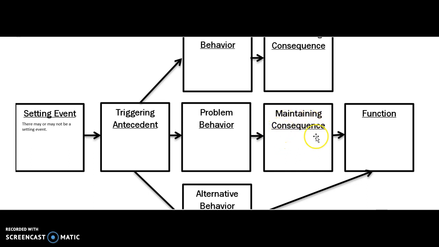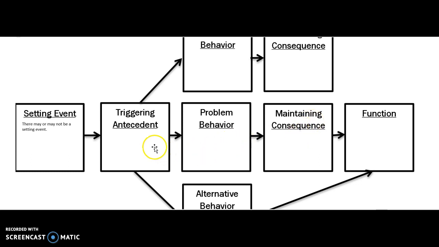The maintaining consequence. The consequence is whatever happened immediately after the behavior. So if the triggering antecedent was, I requested the student to get their math book out to do math, and the behavior was they threw the math book at me, the maintaining consequence is, because they threw the math book at me, I sent them to timeout.